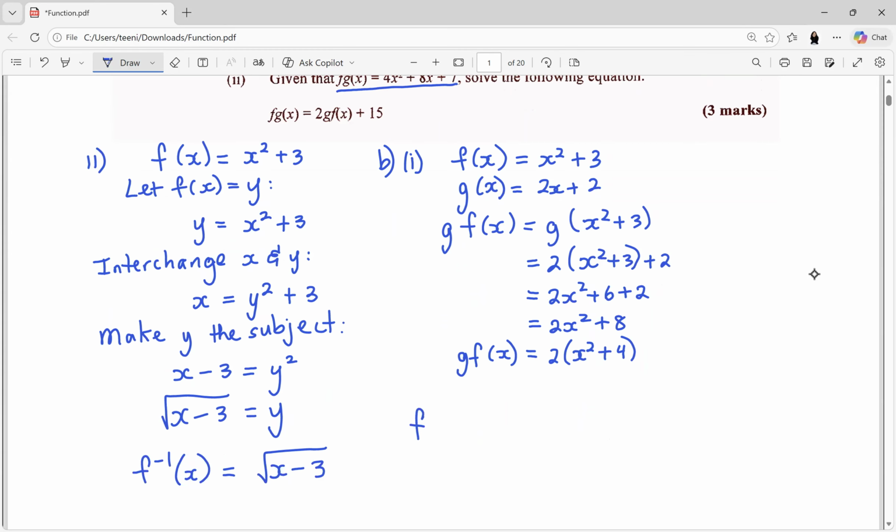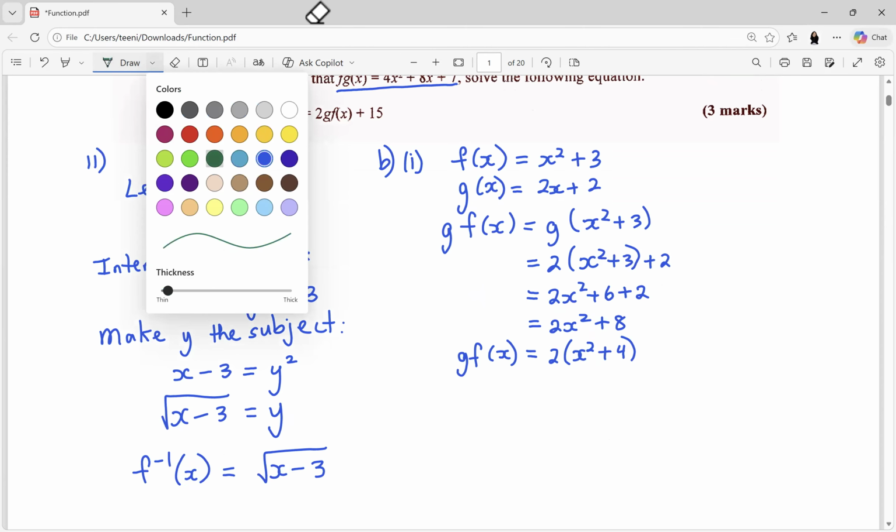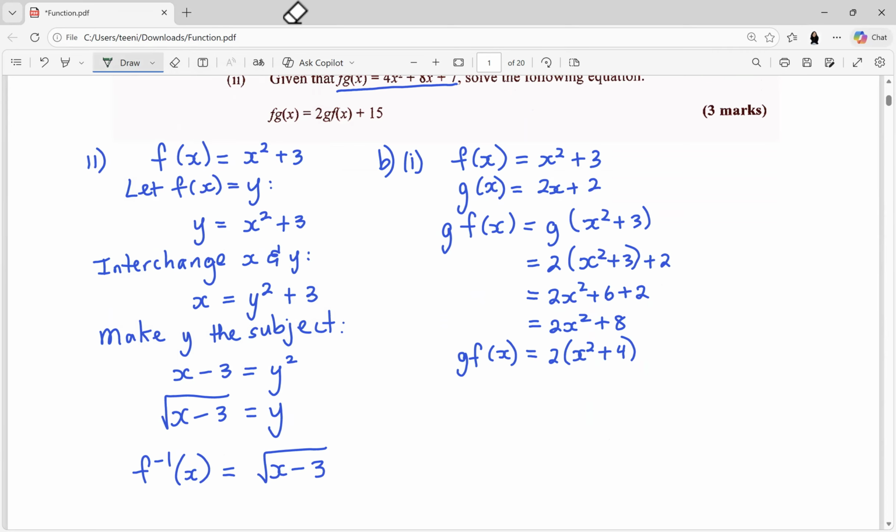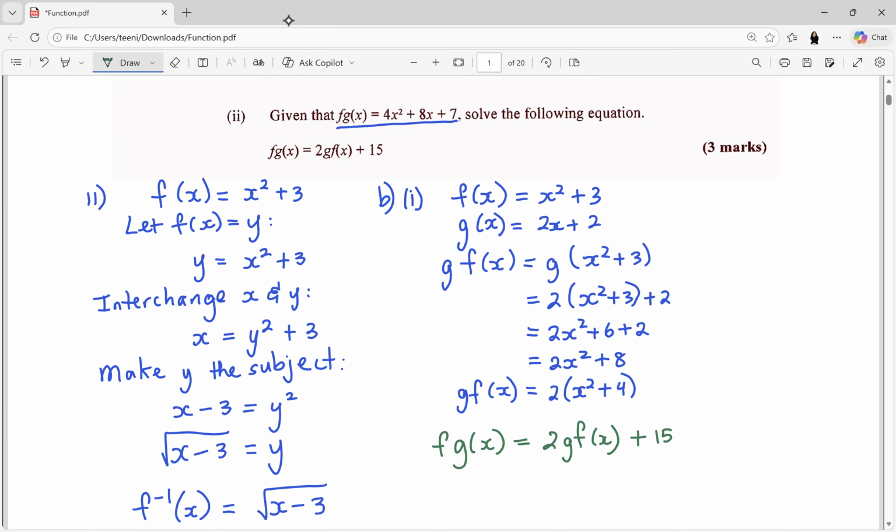So we have, I'm going to use a different color, f of g of x is equal to 2 by g of f of x. Guys, 2 of g of f of x literally means 2 times g of f of x, right? So what we will do is let's rewrite f of g of x. That's given to us here.